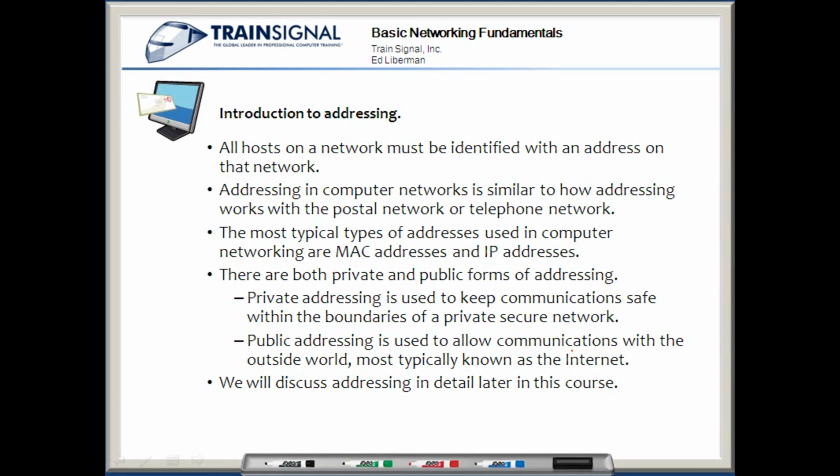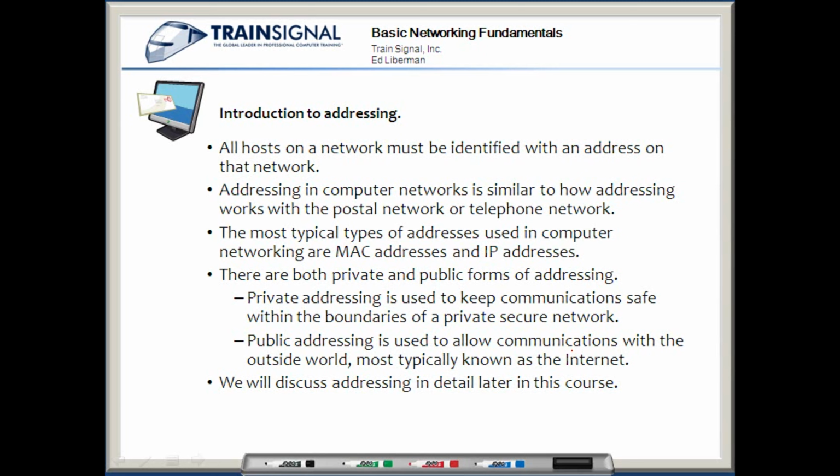Now, the one last thing here is that there are both what's called private and public forms of addressing. Private addressing is the type of addressing that would be used to keep communication safe within the boundaries of a private, secure network. So when we talk about IP addressing later on, you will see that we will talk about private IP addresses and public IP addresses.